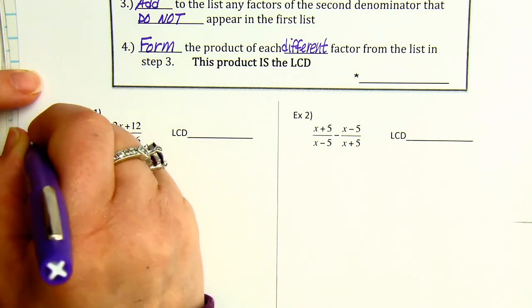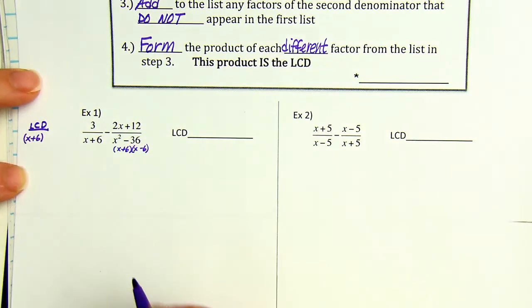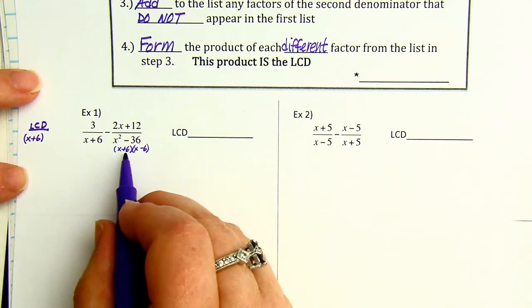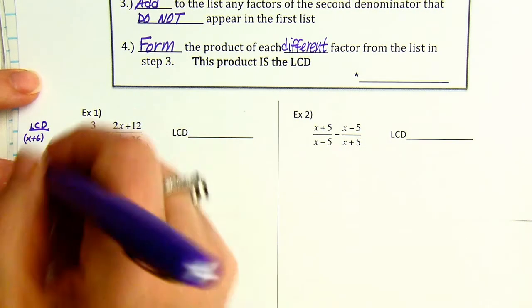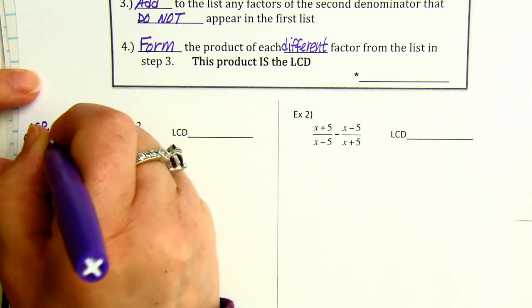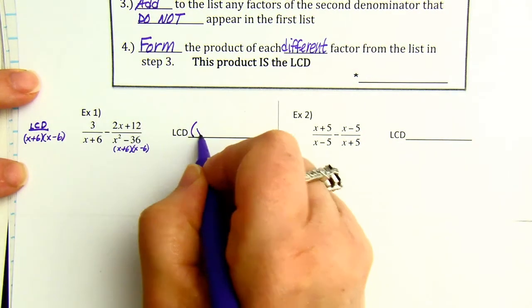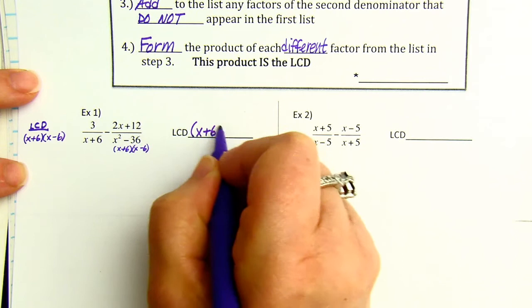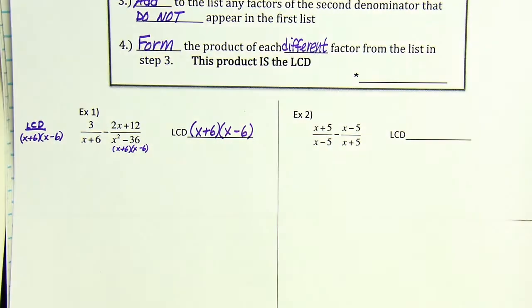That's x plus 6. Then I look at the next denominator. x plus 6 is already in there, but x minus 6 is not. That's distinct. That's different. And so my LCD is this product of these two distinct factors. All right, that's my LCD.